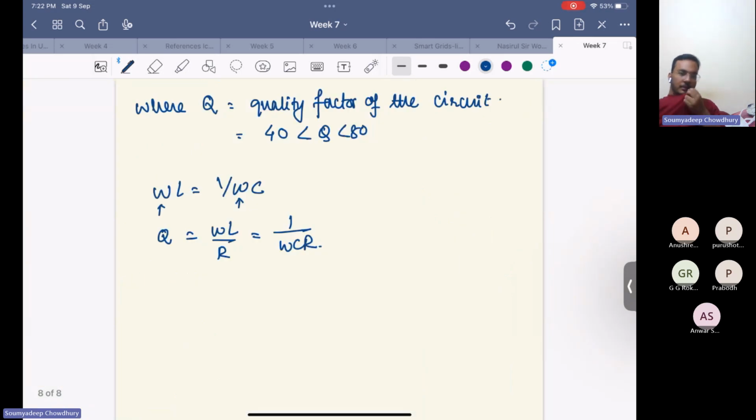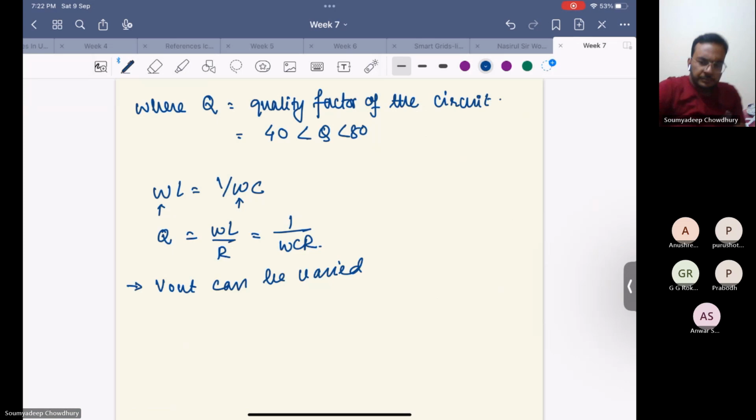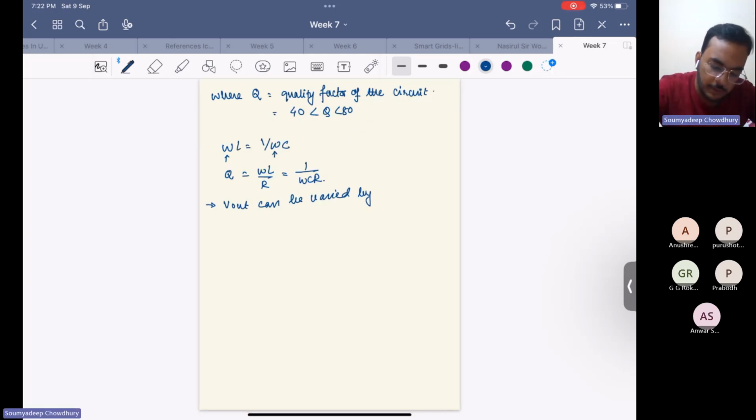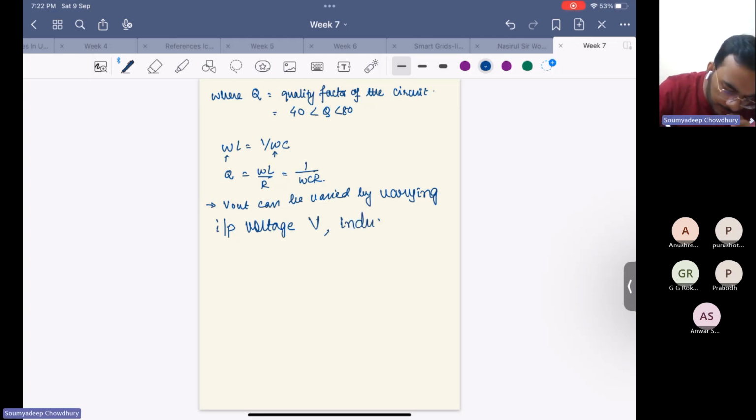So now we can write that V out can be varied by varying the input voltage V or the inductance.